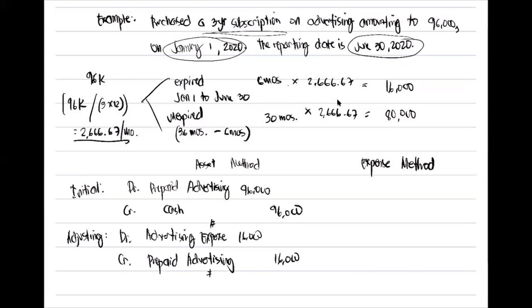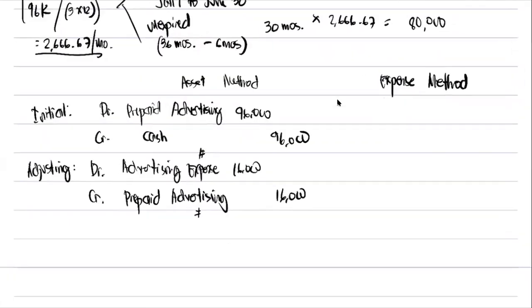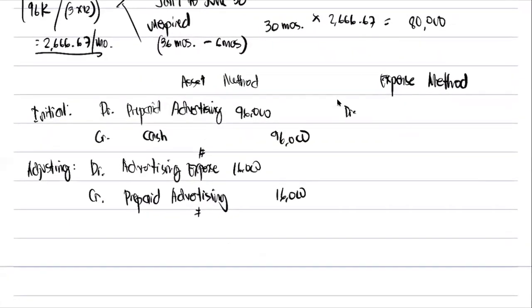Okay. So, under our expense method, initially, you will record it as an expense. So, we debit advertising expense. We credit cash at 96,000 pesos. And then on our adjusting, we debit and credit.